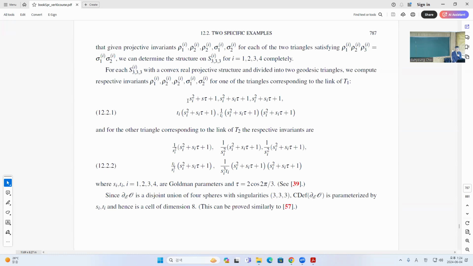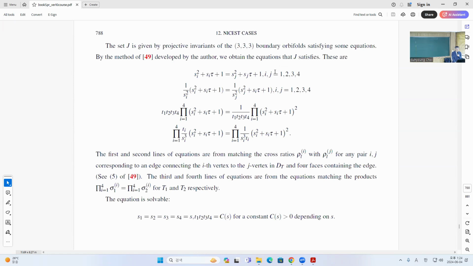And so they have these invariants S_i, T_i, and they satisfy this: rho and sigma will be given by this. For the first triangle, and for the second triangle, you're given by this. And tau is this number. So this is a union of four spheres with singularities.